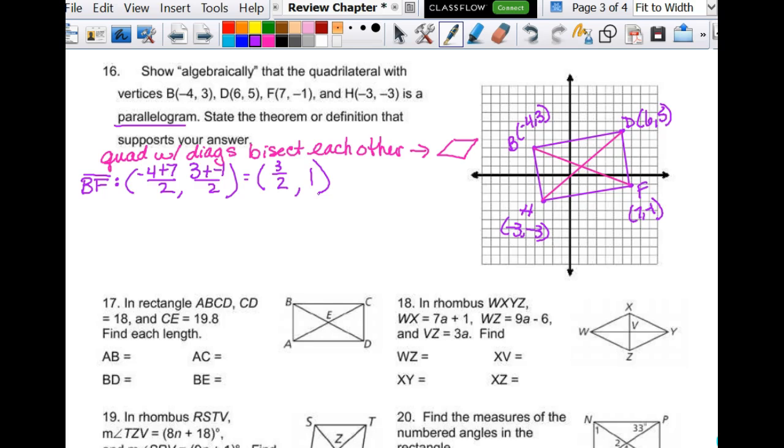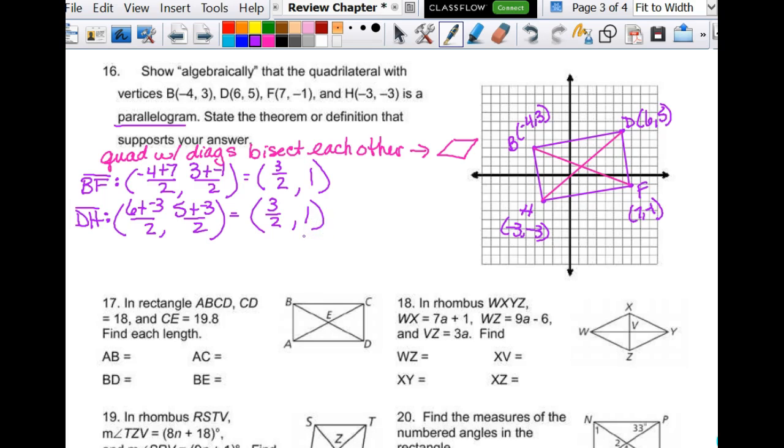Then I'm going to find the midpoint of DH. So that's going to be 6 plus a -3 over 2, 5 plus a -3 over 2. So that's again going to be 3/2, 1.